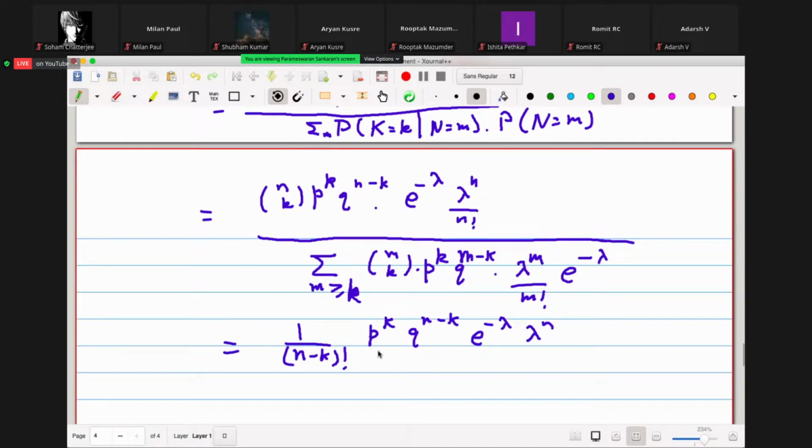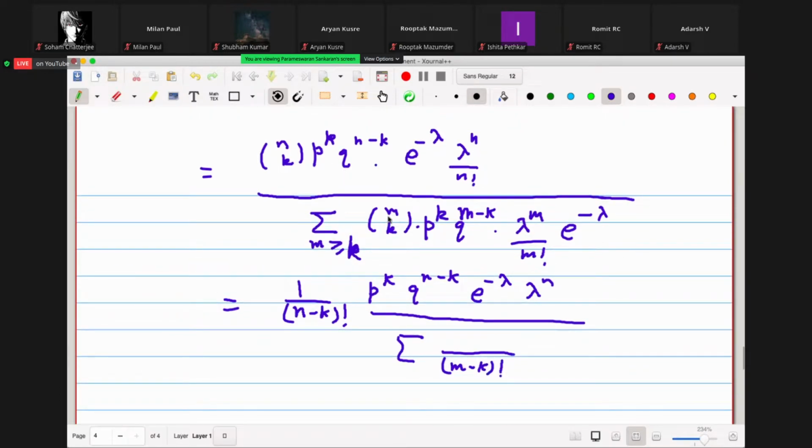And now write the denominator. This we got rid of. So what do I have? There's an m minus k factorial somewhere. First of all, m minus k factorial is there in the denominator. M factorial disappeared because there was an m factorial coming from this one, and p power k is a constant with respect to this.